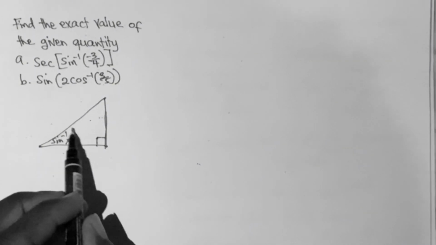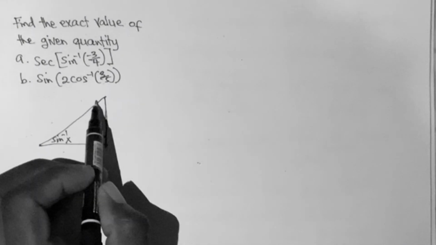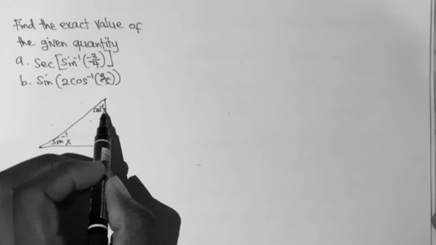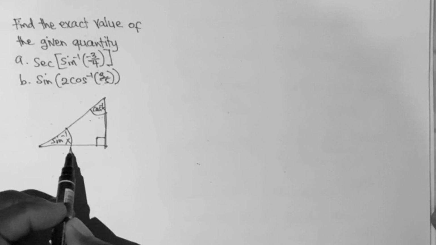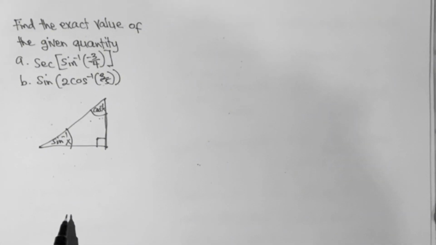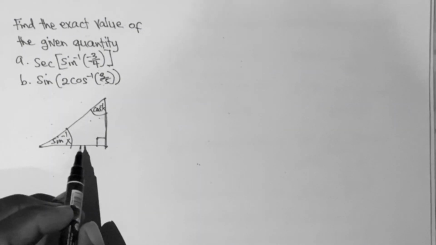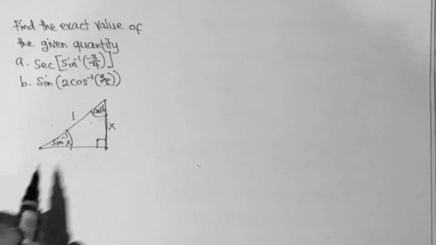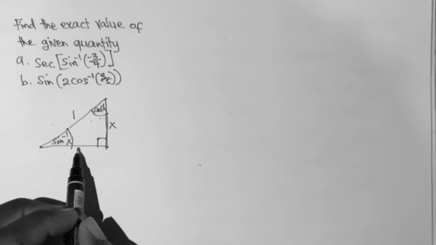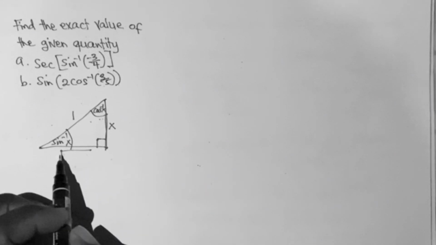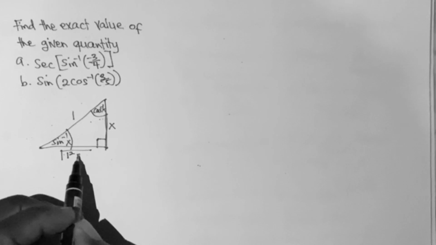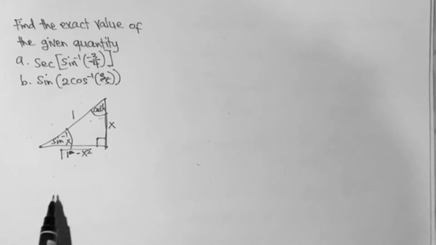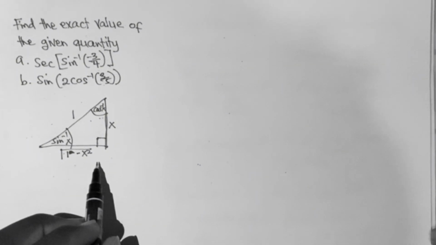And if the angle here is sine inverse of x, then the angle here could also be cos inverse of x. So this is the case of the special triangle. So now if we put 1 here and then we put x here, based on Pythagoras theorem, then here is going to be square root of 1 squared minus x squared, and 1 squared is 1, so it's going to give us square root of 1 minus x squared.